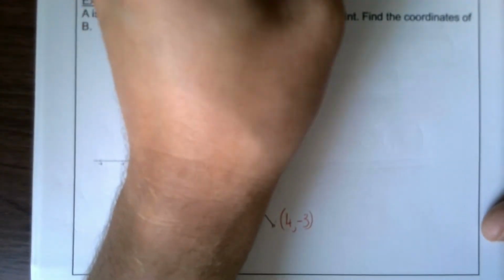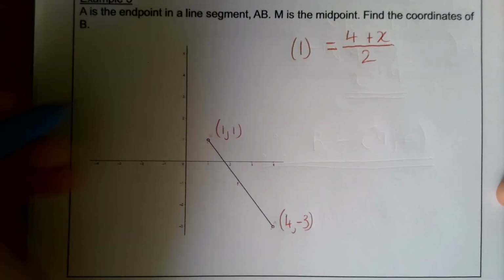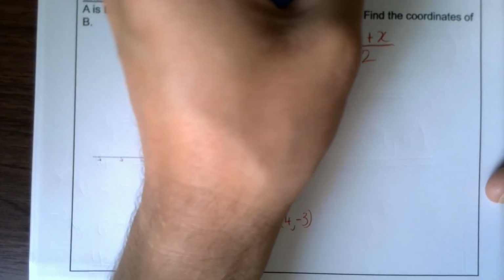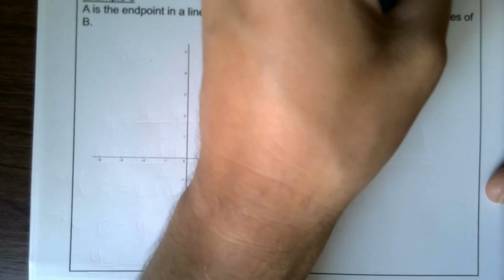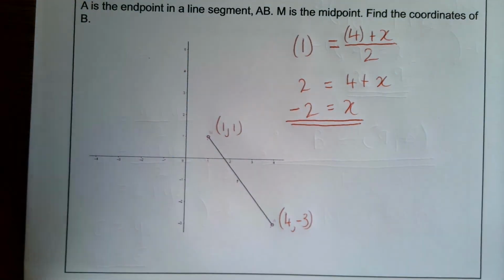The x coordinate of M, 1, equals 4 plus x over 2. Multiply both sides by 2, I get 2 equals 4 plus x. Subtract 4 from both sides, I get -2 equals x. So there's one part.